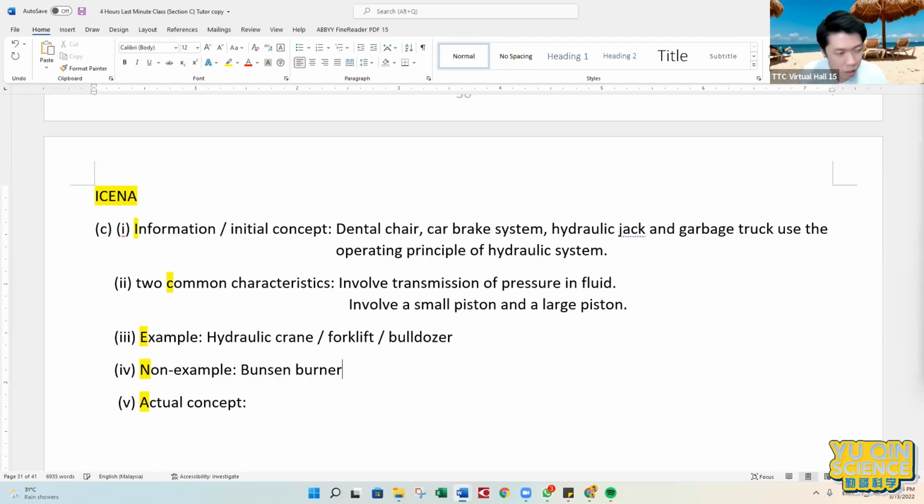Bunsen burner, isn't it? Spray pump. What else? Aerofoil wings. This is non-example. Helicopter blades. Okay, can, or we just say helicopter lah. Sewage system. Nani? How come? So random one.